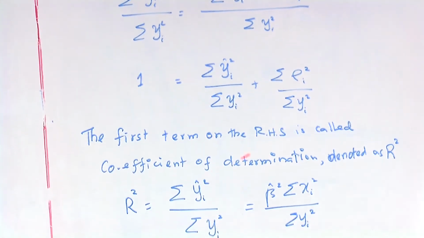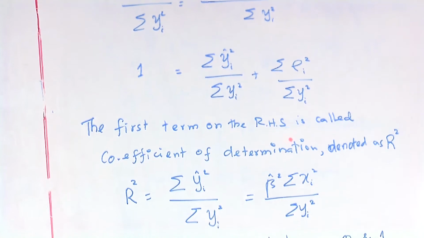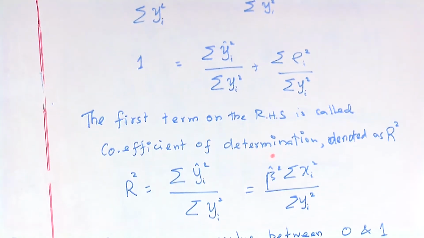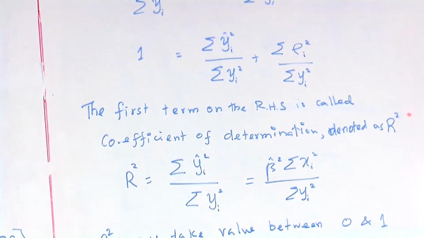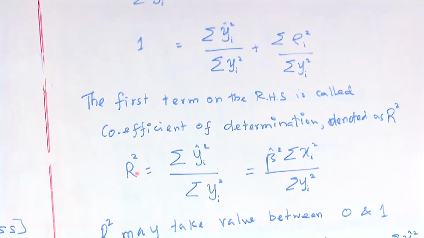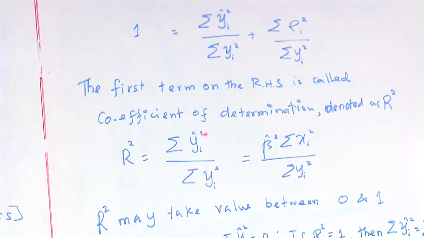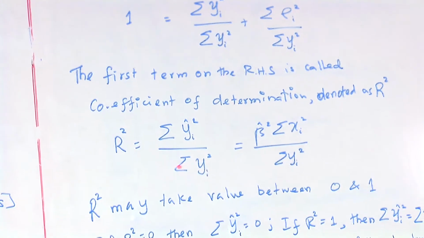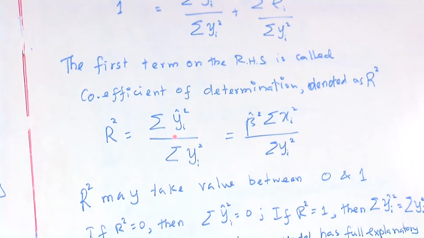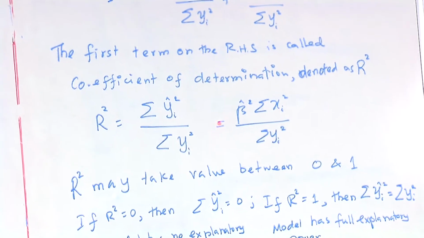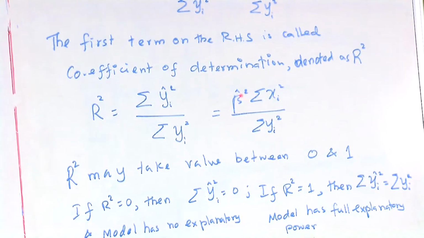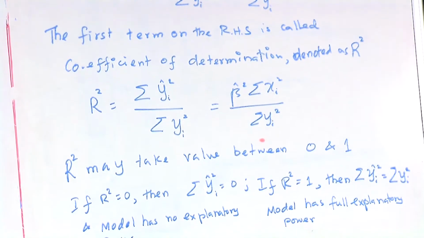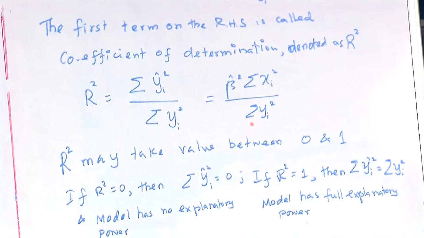The first term on the RHS is called the coefficient of determination, denoted by r square. So r square is equal to sigma yi hat square divided by sigma yi square. This is otherwise written as beta hat square sigma xi square divided by sigma yi square.